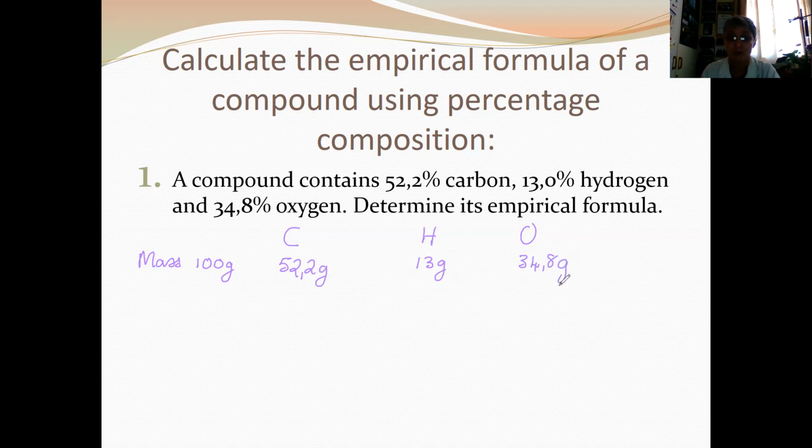Now, in stoichiometry, everything is about the mole. To calculate the mole, we need to take the mass of the element and we need to divide it by the element's molar mass. So the carbon, we're going to divide the 52 by 12, and you get the mole ratio from there.